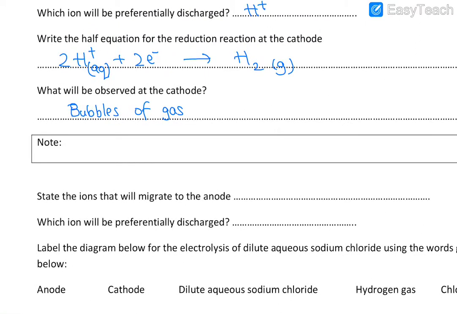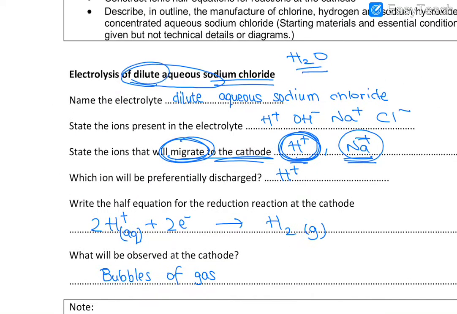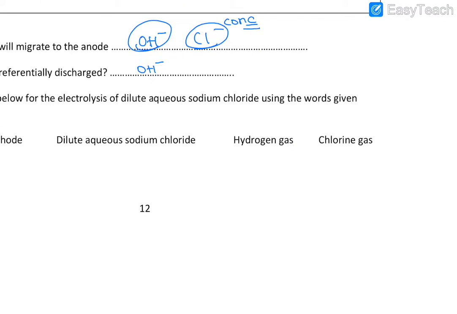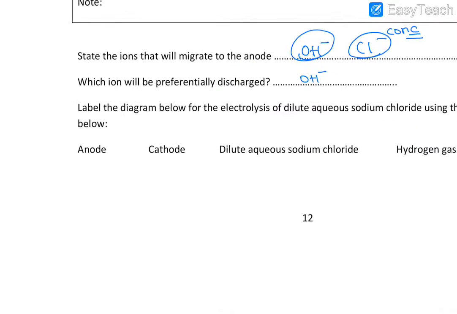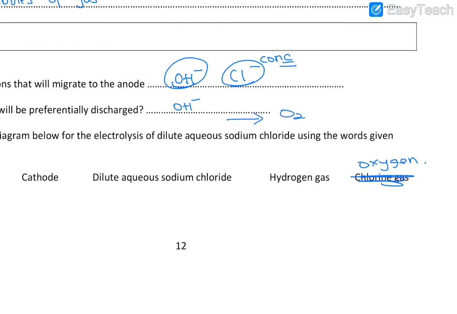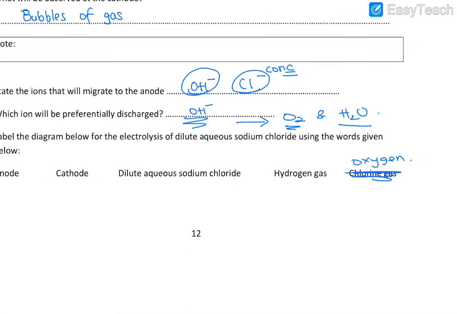The ions that will migrate to the anode are both OH- and Cl-. Now, because this is a dilute solution, it's OH- that will get preferentially discharged. Cl- will get discharged only if it is a concentrated electrolyte. So there's a mistake over here. This is oxygen gas. Now, when OH- is discharged, it produces oxygen and water.